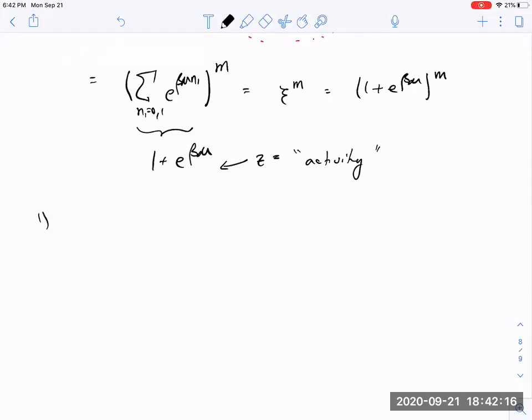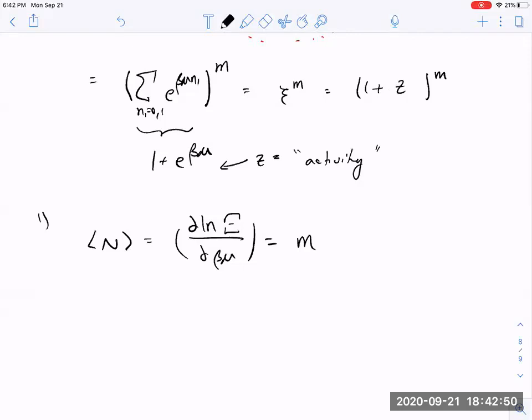What can we do with it? Well, if we take a derivative, we know we're going to get something interesting. The average number of particles in that observation volume is computable by taking the derivative of the log of that partition function with respect to beta mu. That brings out a factor of M. Let's write this more succinctly as 1 plus z.